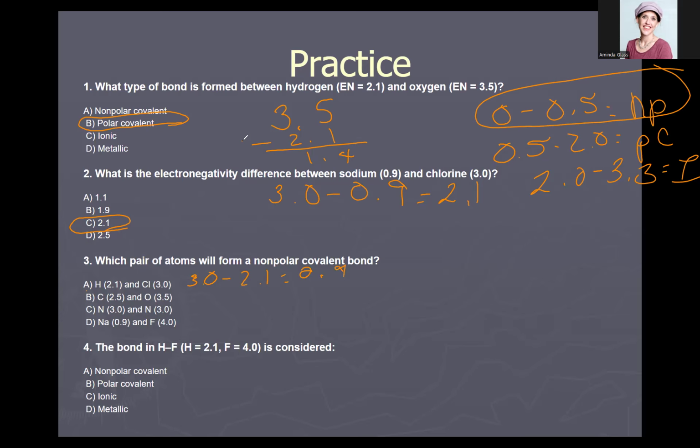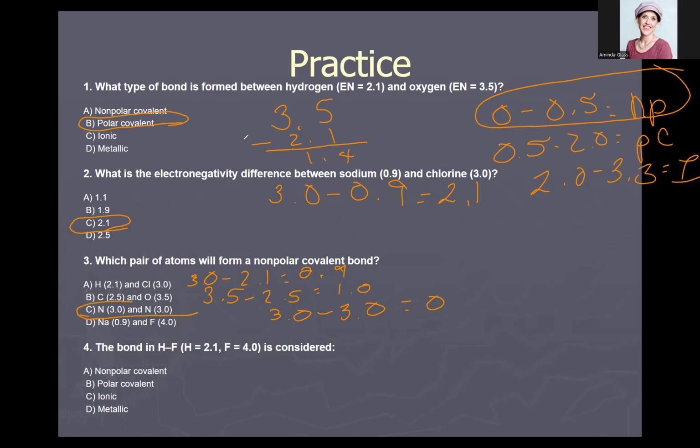We look at B, 3.5 minus 2.5. That gives us 1.0. That's also too high. If we look at C, 3.0 minus 3.0, that gives us 0.